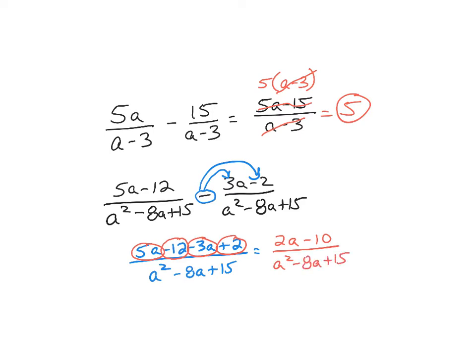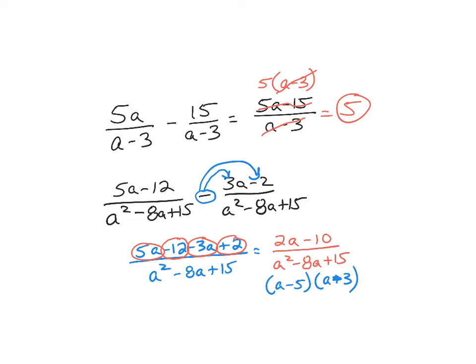That is a regular trinomial, so I can factor that. I'm going to factor that down, so I have a minus 5 times a minus 3.